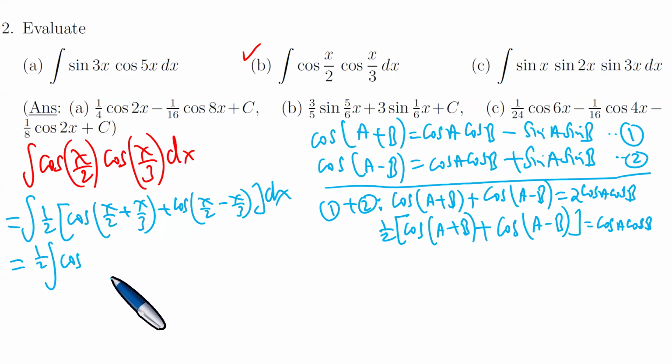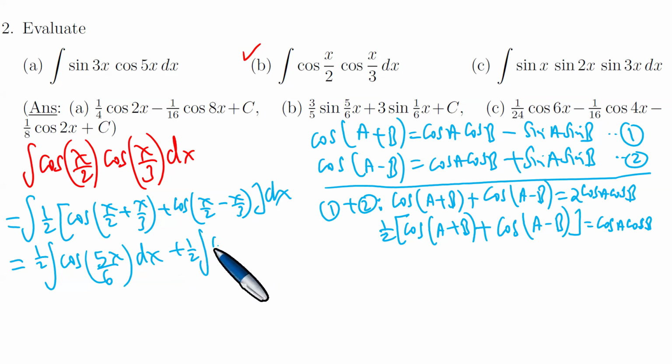All right, so we have this, and then our dx. And then this one is 3 minus 2, which is x over 6.